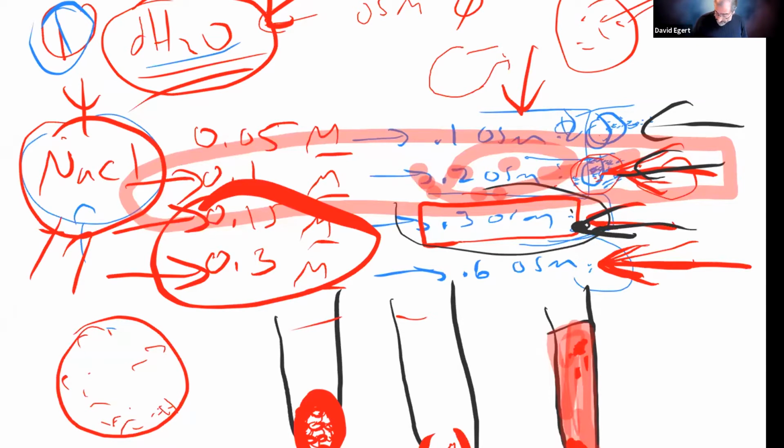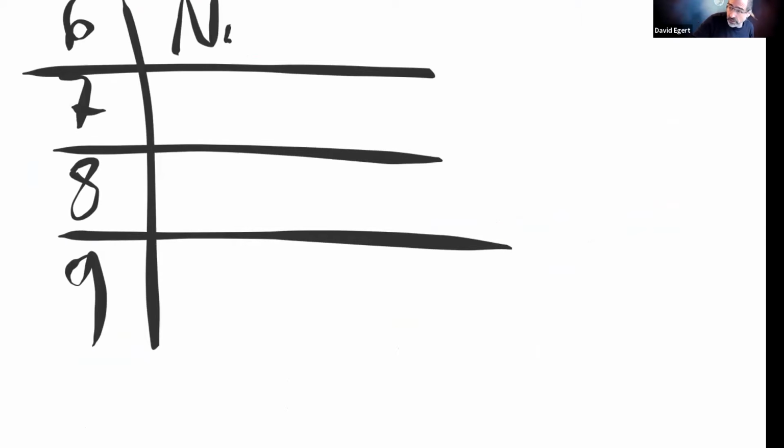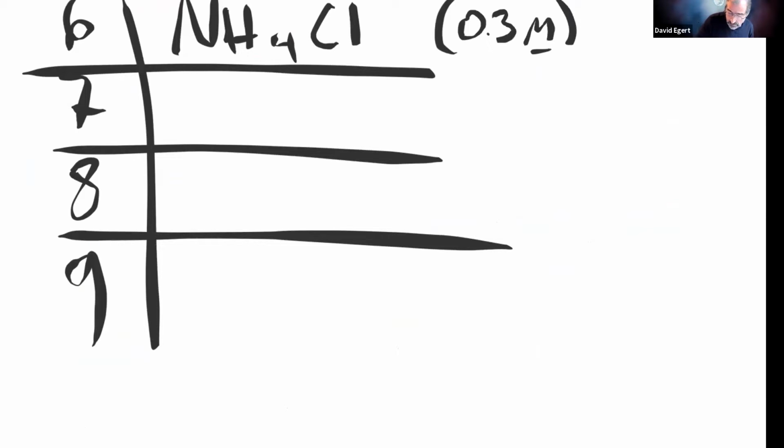So then we got some other ones. We have tube 6, 7, 8, and 9. 6 is ammonium chloride. No, I did it again on you guys.